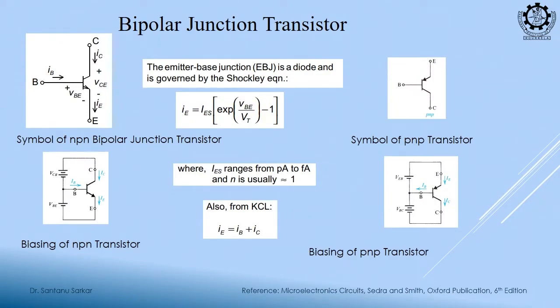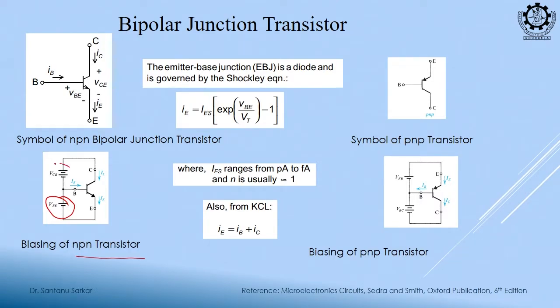Now, this is my symbol and current convention, and this is the emitter current expression. If we want to bias the NPN transistor, I should provide a base emitter voltage so that the base and emitter are forward biased.